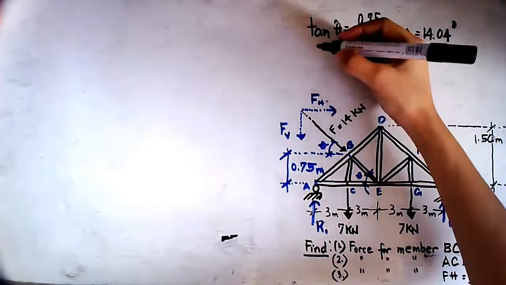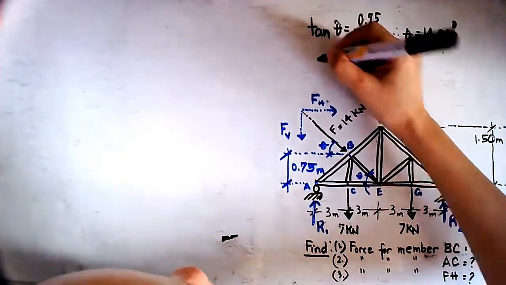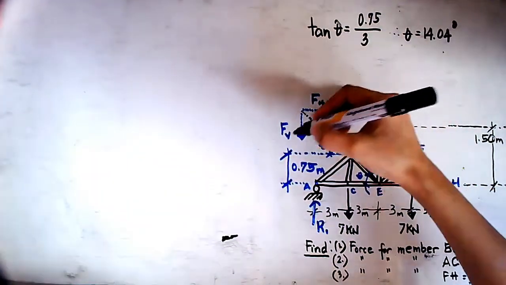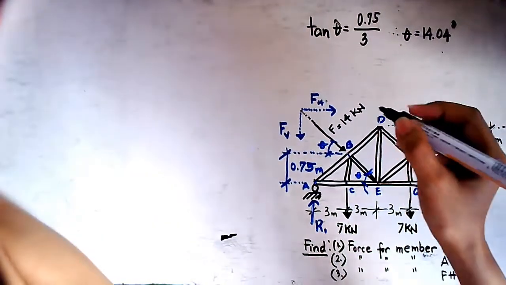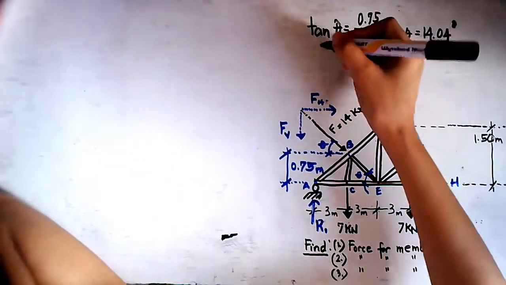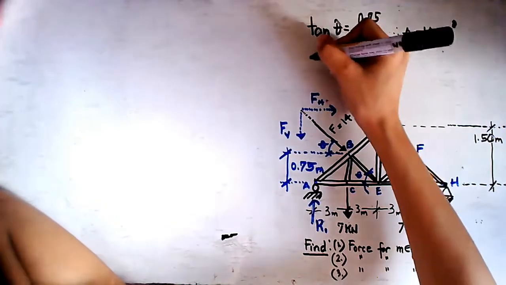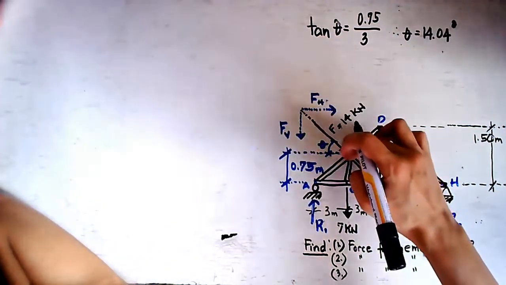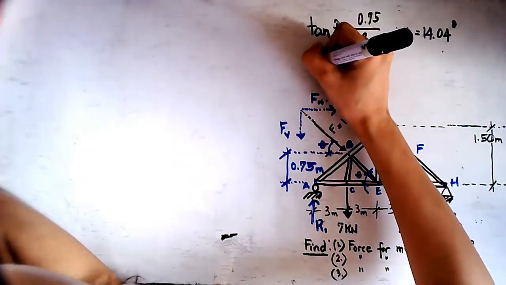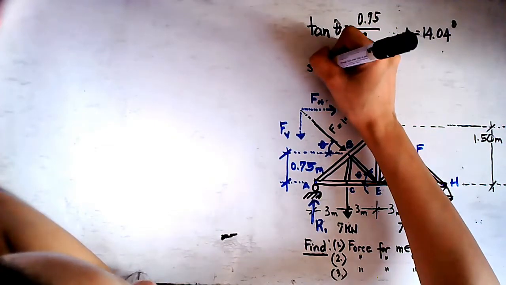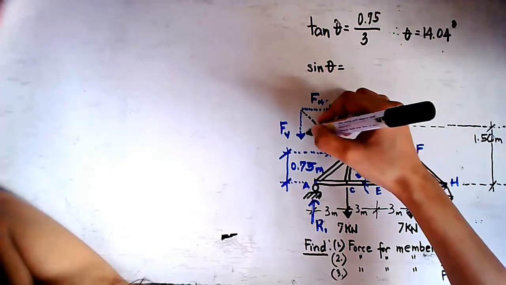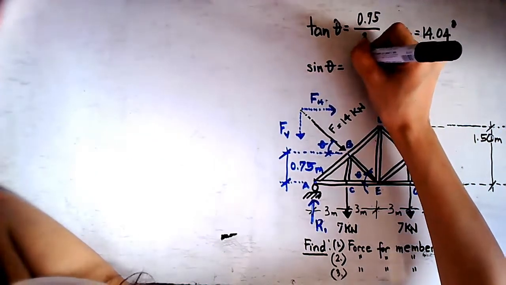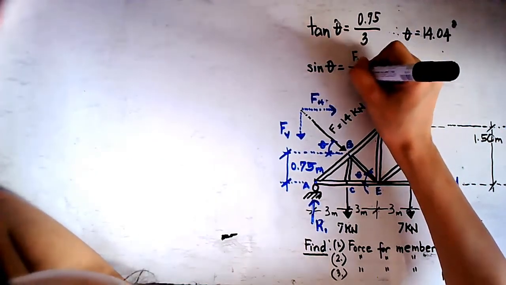We can get them by making use of the basic trigonometric functions. Opposite over hypotenuse, that would be sine. Sine of the angle is equal to the opposite, F vertical, all over the value of F.